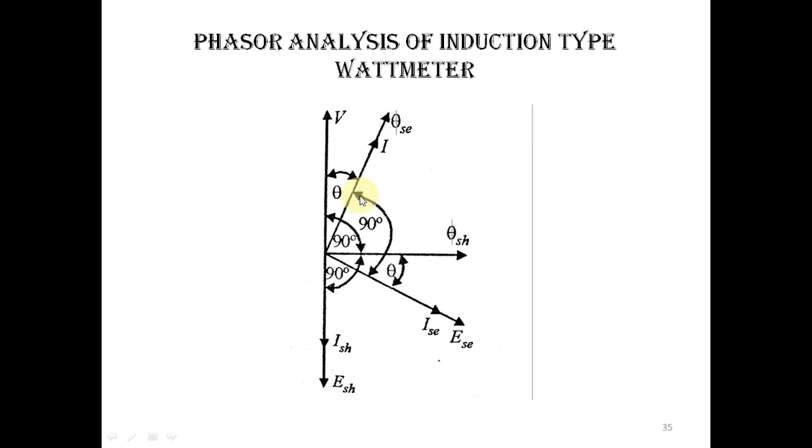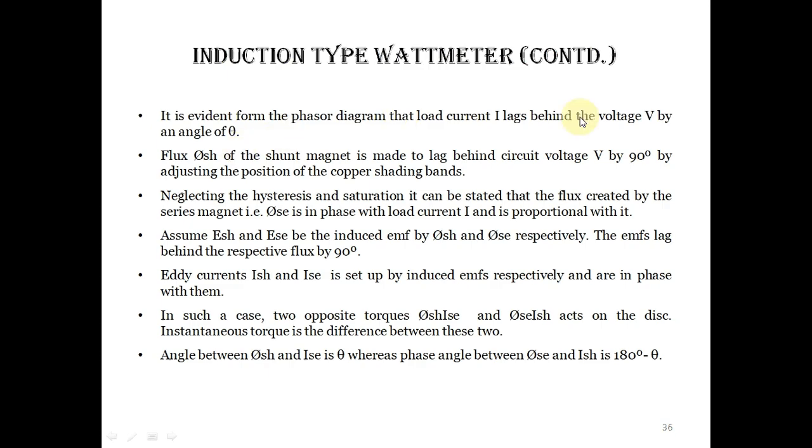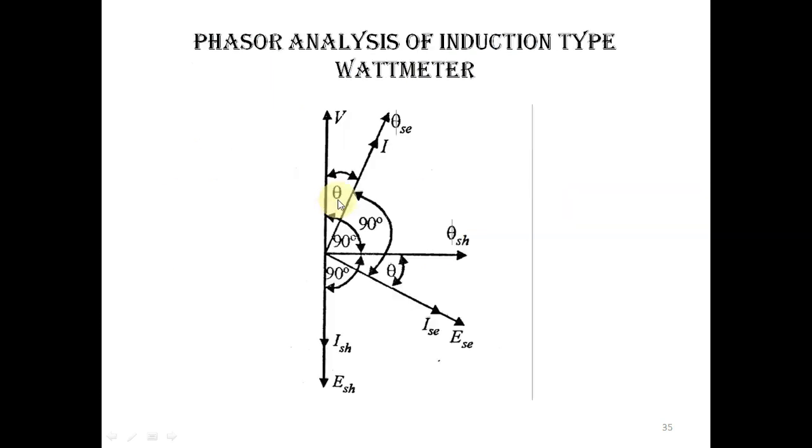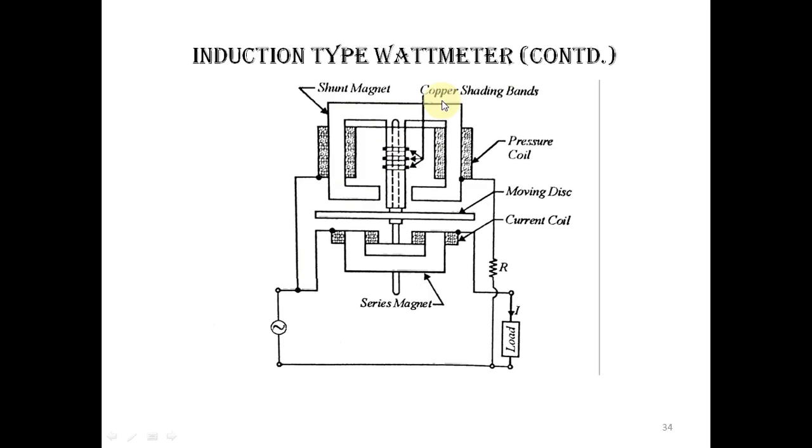Now this current introduces some amount of flux. Load current I lags behind the supply voltage by an angle theta. Flux phi sh of shunt magnet is made to lag behind circuit voltage by 90 degrees, which was the utility of the copper shading rings here.